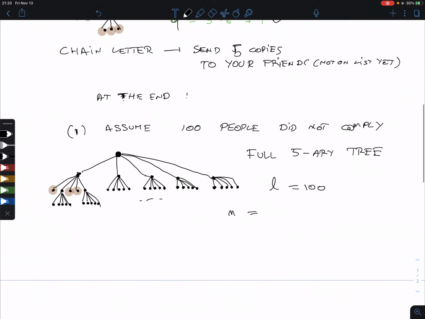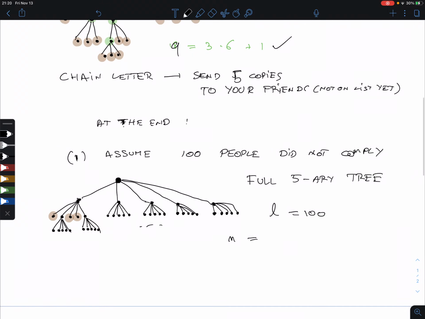Assume 100 people don't comply. The question was how many people sent a letter? So what are we asking? If I ask how many people sent a letter, what are they?